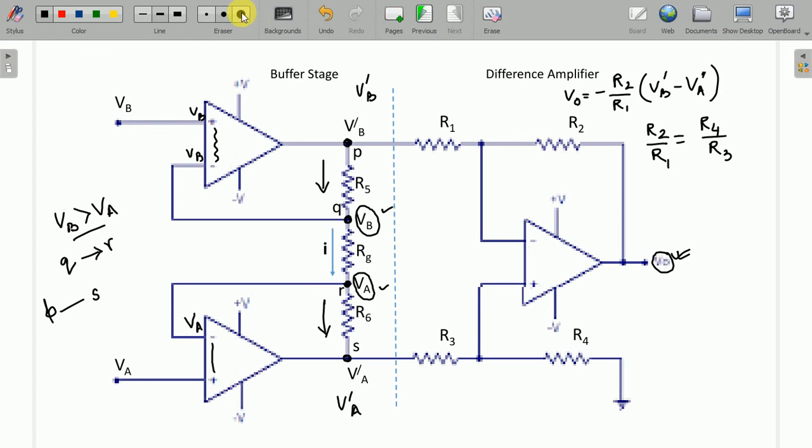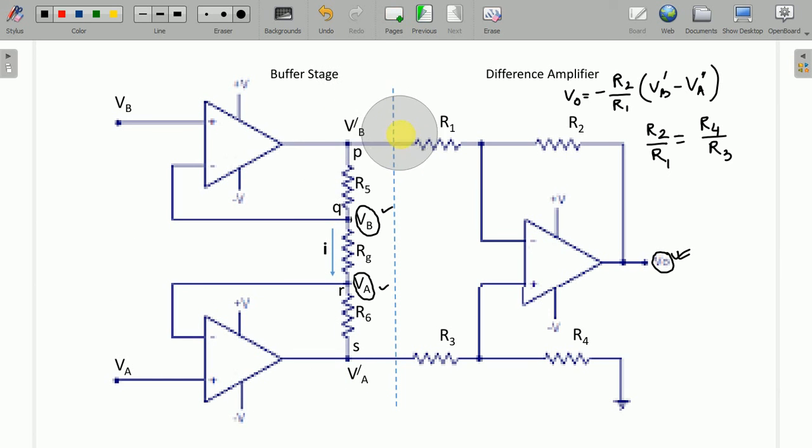So now we have these ideas, and that is why we can write these points as VB and VA. Why did we write this as VB and this as VA? Now we understand that.